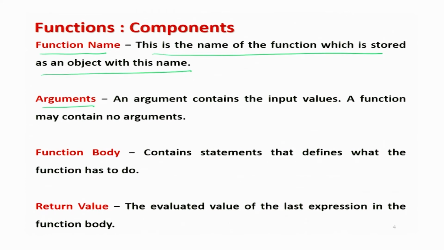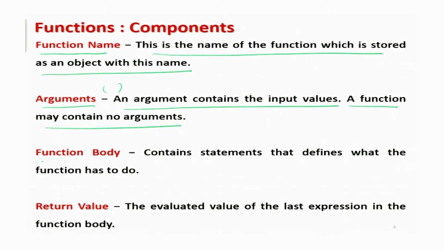Then arguments. Within parentheses you have to write all the input values, and it is possible that the function may contain some values inside the parentheses, or it may not contain any. Because sometimes the input value is given during the program, or the input is coming from some other program, so possibly you may not need to write these values, but otherwise you have to write all the input variables inside the parentheses.